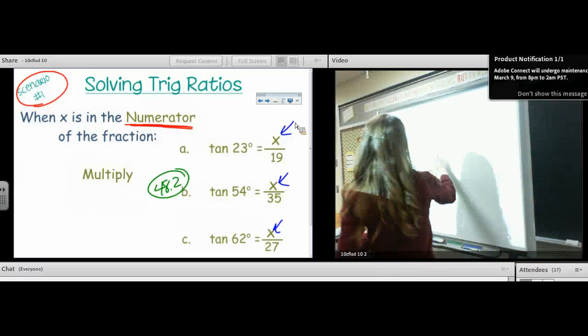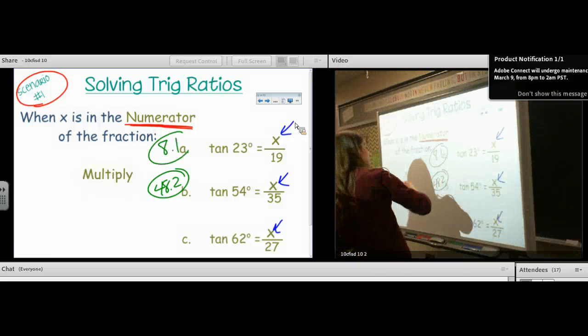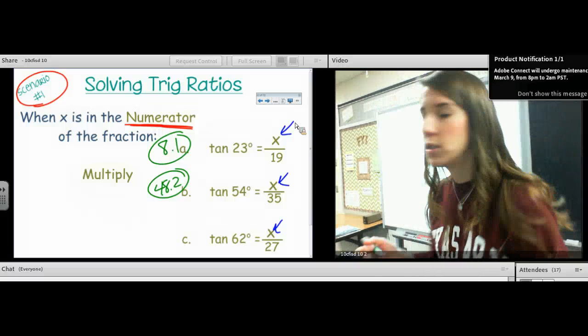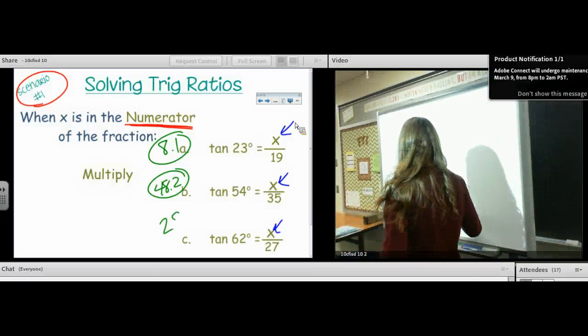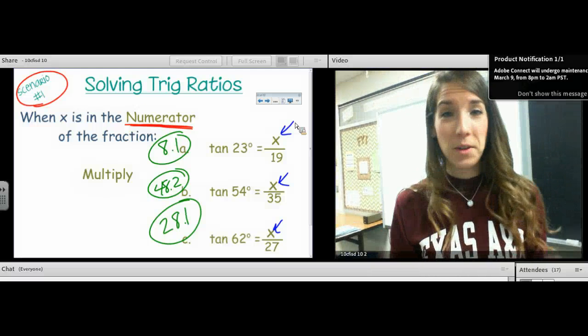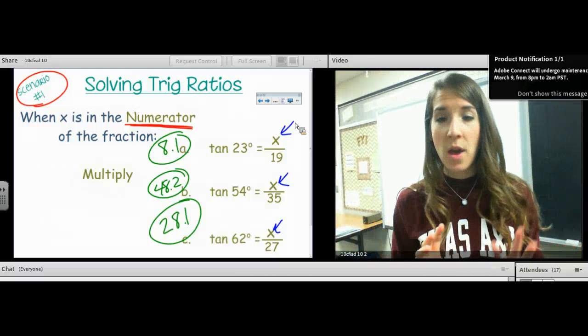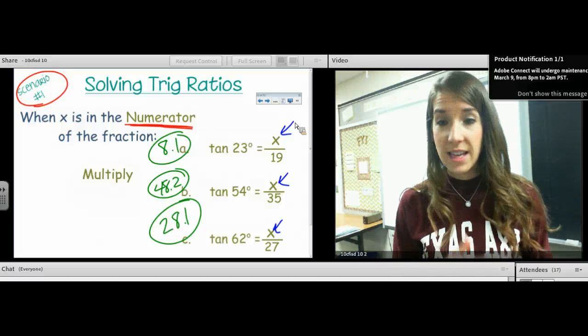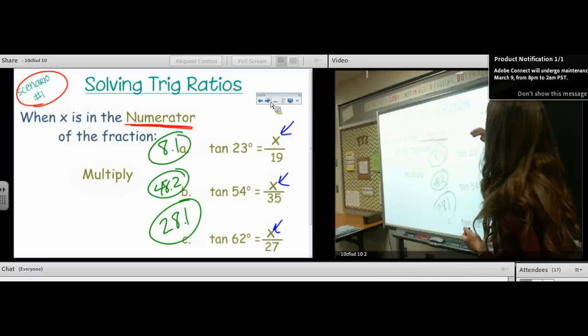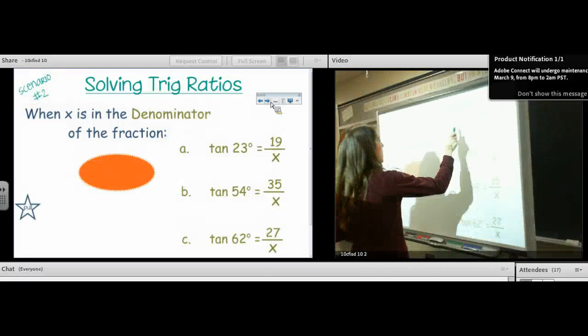So for this one, it's 8.1 if we're doing it to the nearest tenth, because the 6 tells the 0 to bump up. Minjung, 28.1. So you don't know how to set these up yet, but you do know that if x is in the numerator, you're going to multiply. Now let's find out how it works if x is in the denominator.